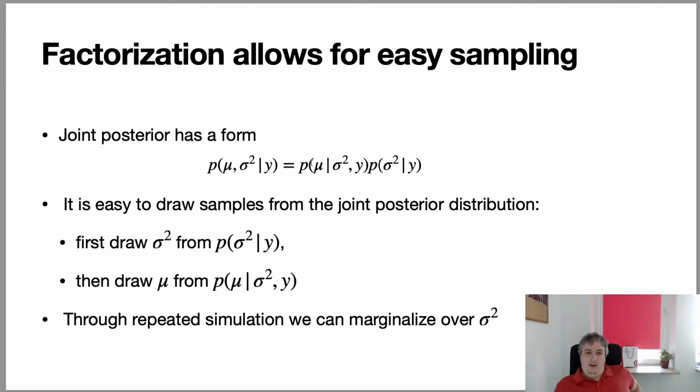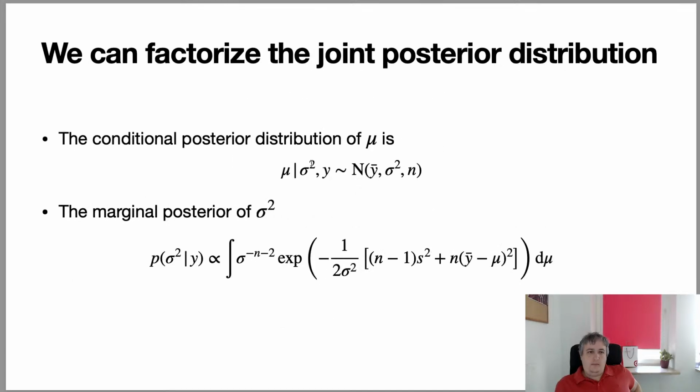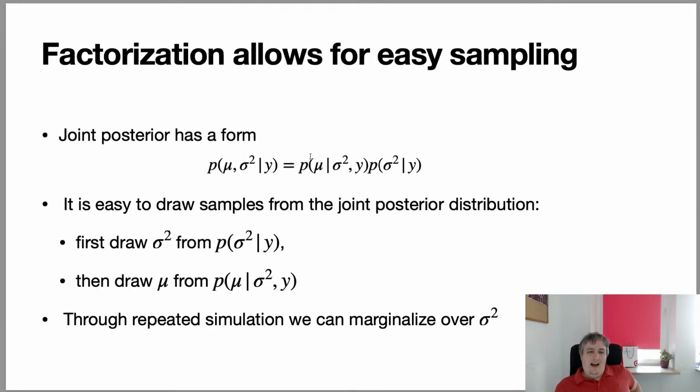Look at here, the conditional posterior of mean on those two is a normal distribution. So having normal distributions are very easy to sample even in multiple dimensions.